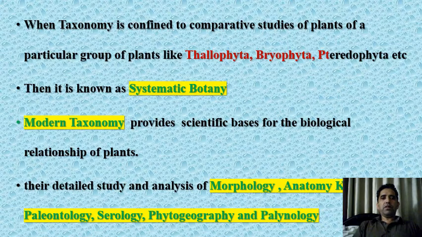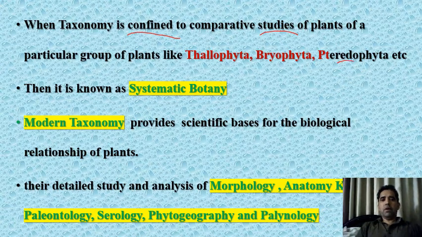When taxonomy is confined, it is about a particular group or comparative study of plants. For example, if we are talking about Thallophyta, Bryophyta, or Pteridophyta, any of the groups of plants brought under consideration, then this is termed as systematic botany.